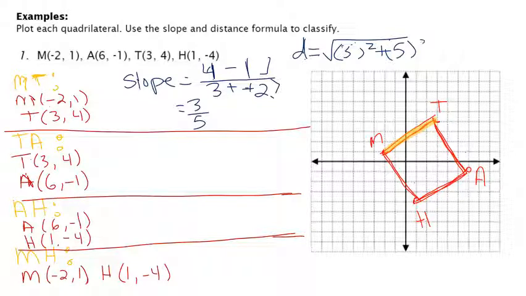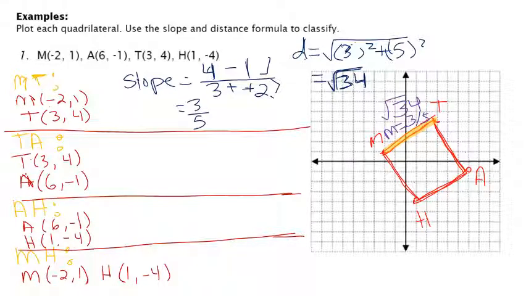Because that's just the same as that difference. And then we're going to get that to be root 34. In our picture, we may want to label that so we have it. So we can see that MT would be root 34 as the length, and the slope is 3/5.